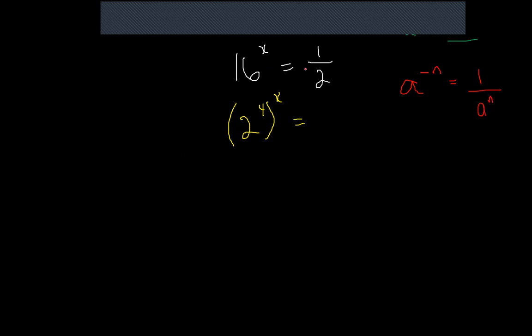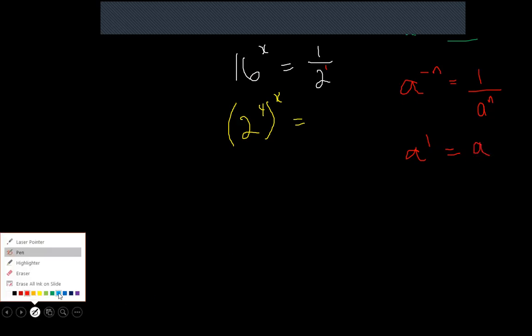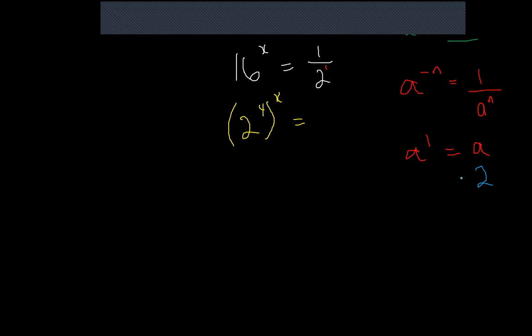We know that 2 is the same as 2 to the power of 1. Why? Because we also know this law that says anything raised to the power of 1 is going to give me itself. So that's why I just added that power there.